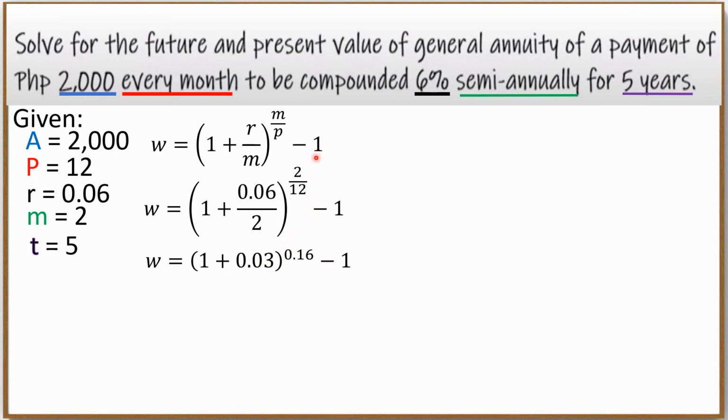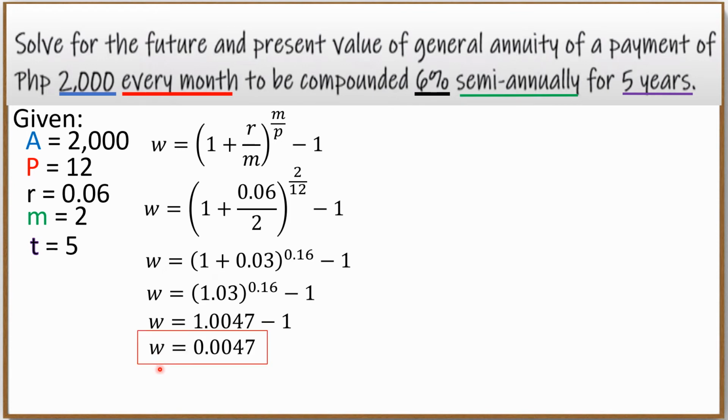You will just divide 2 by 12. That's why we have 0.16. Now we have 1.03 raised to 0.16 minus 1. So we have 1.0047 minus 1. And that is our W is equal to 0.0047.